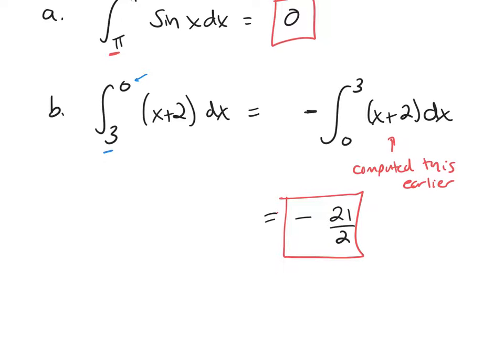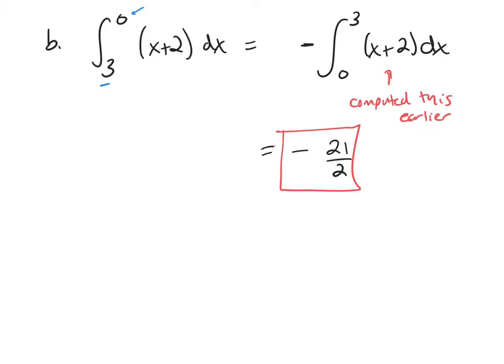All right, and then the last one we're going to do in this video, c, the integral from -1 to 1 of the absolute value of x dx. So here my function is, so maybe I'll just write y, it's y equal to the absolute value of x.